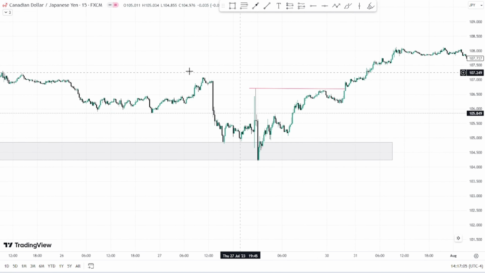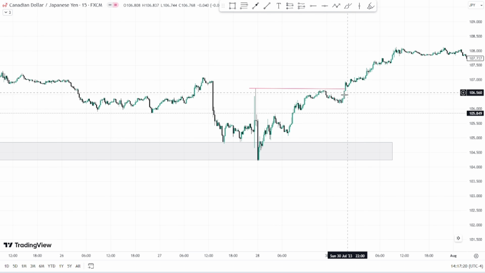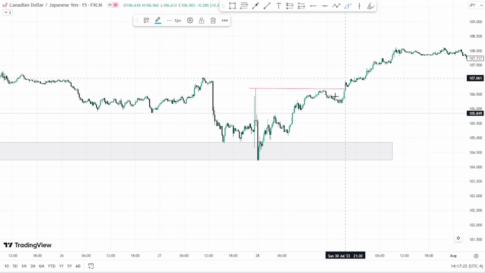As you can see, price came down, it tapped into this order block, then it put in a lower high, then it put in a lower low. What we wait to see is for price to break this level here to change character. So it did, and it did so impulsively somewhere around here, right?